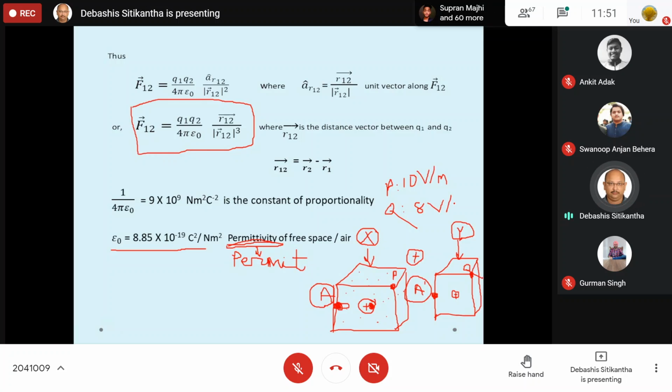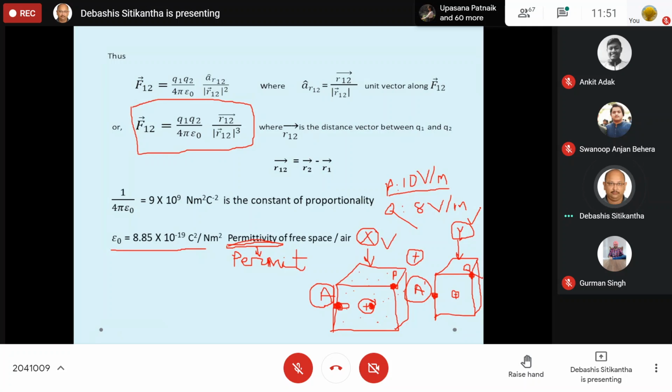Now which one is more? Obviously the one with 10 volt per meter. That means I am getting a stronger field at point P than at Q. Now I can say that the permittivity of X is more than the permittivity of Y.